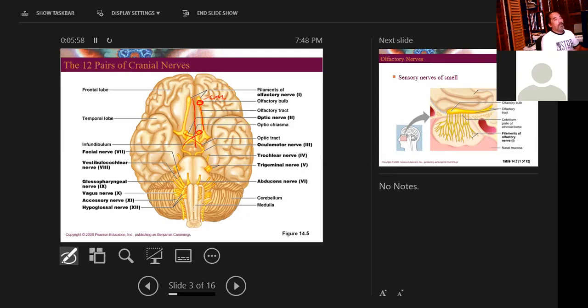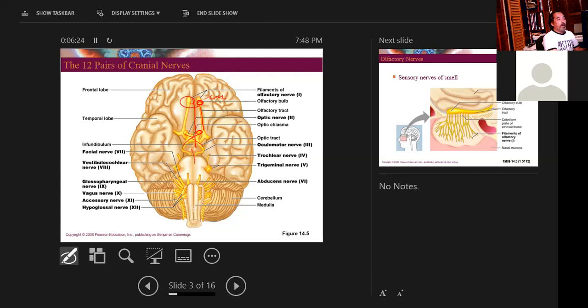So this is smell. You're going to bring it into the area between the temporal and the frontal bone, which is the location where they are being processed. Optic tract, they're going to bring it to the occipital lobe, where vision is going to be processed. So now this is my other clock.